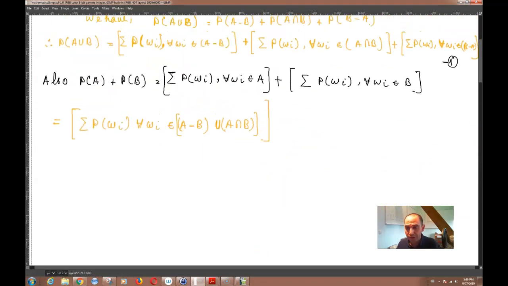So then instead of, for example, the set B, I can write the same thing over here, meaning that I can write the sigma of P of omega of I for all omega of I belonging to the set, and instead of B I can write A intersection B union with B minus A.